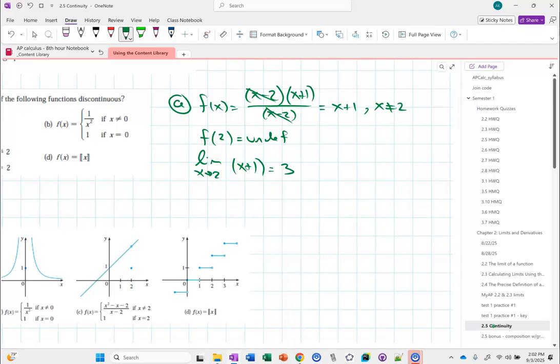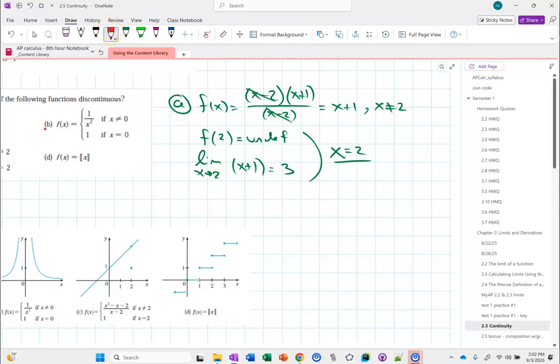So there you're seeing that the definition of continuity is certainly failing. So x equals 2 is our discontinuity. And what type of discontinuity will that be, where the limit exists but the function is undefined? The first one we talked about. That's a hole, right? Yep.